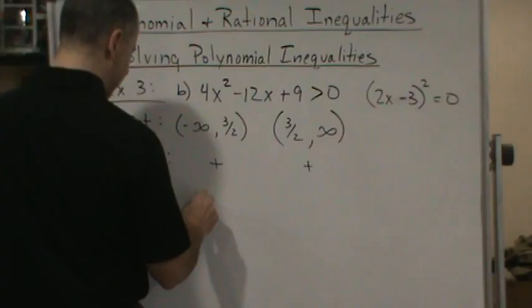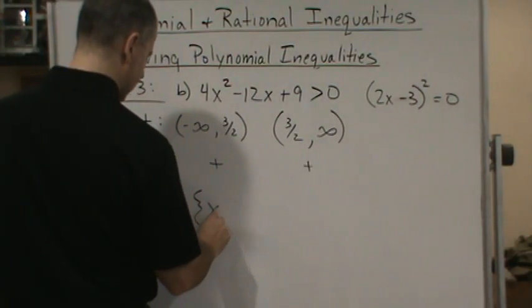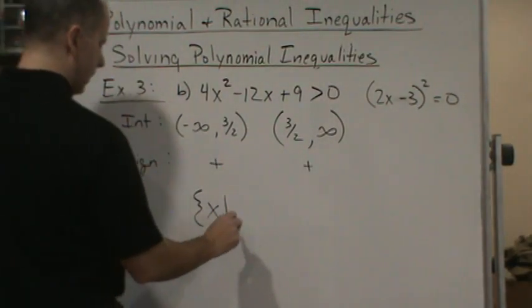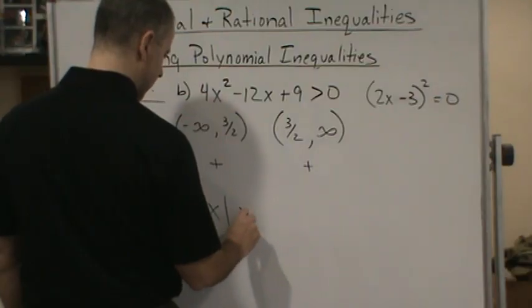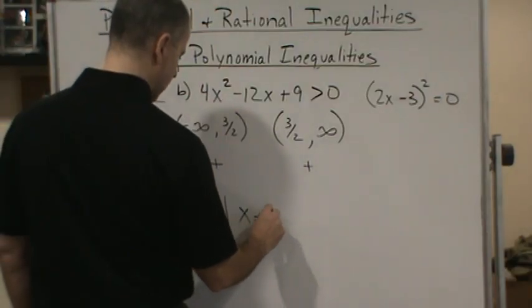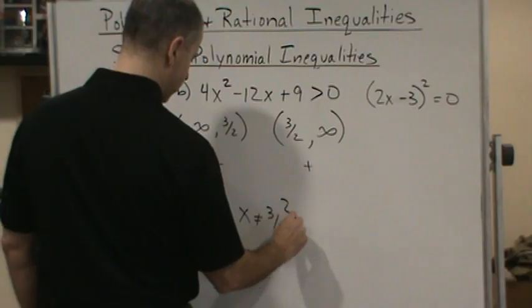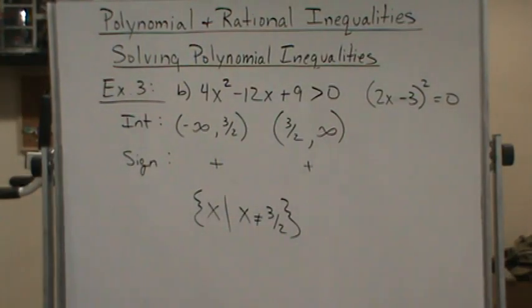So if I did it in set builder notation, it would be the set of all x such that x is not equal to 3/2. I could write it that way.